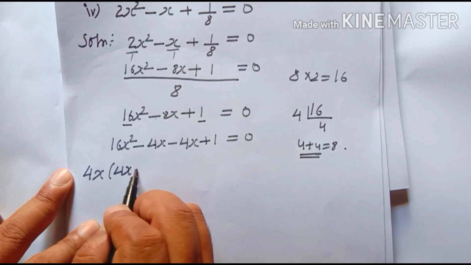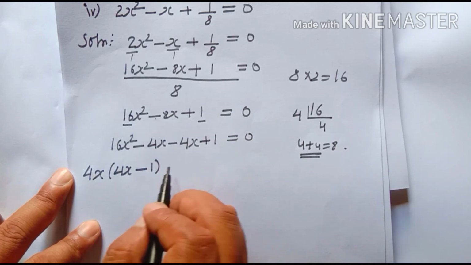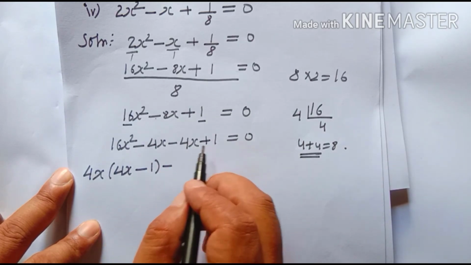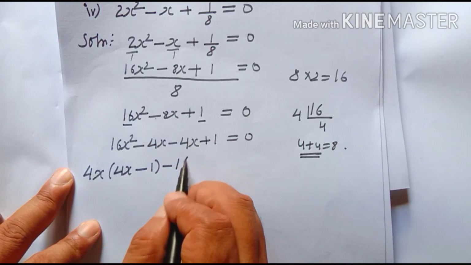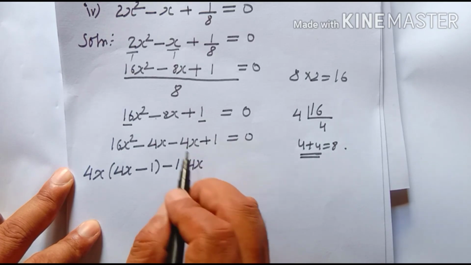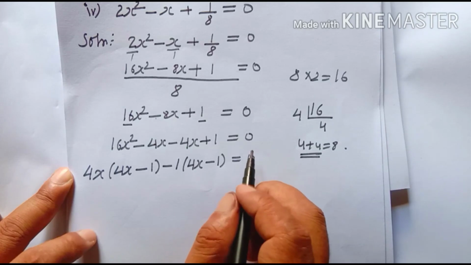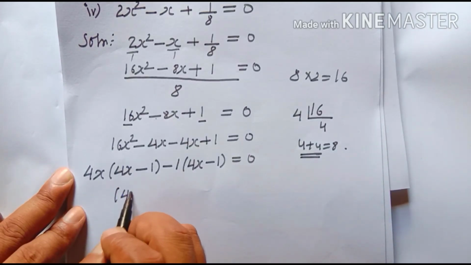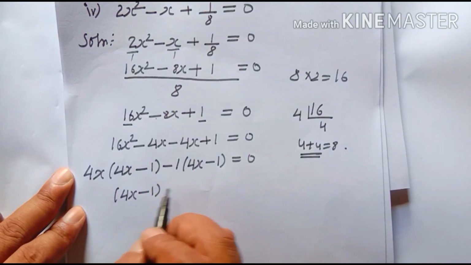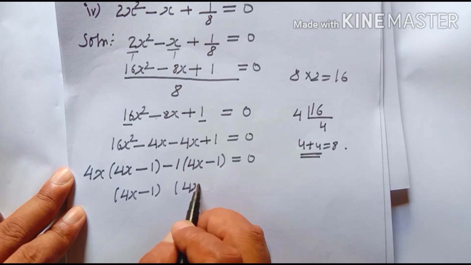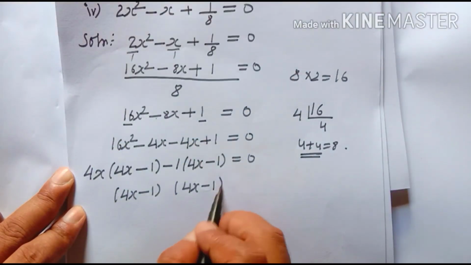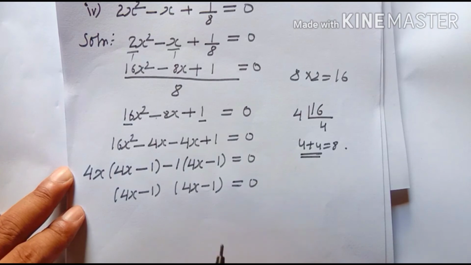One more x minus 4 into 1, minus 4 and 1. The highest common factor will be 1. After that 4x minus 1 equals 0. So therefore 4x minus 1, the other factor will be 4x minus 1. We can close equals 0.